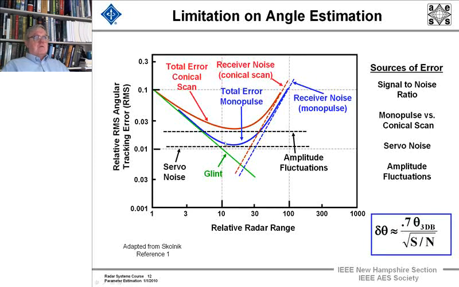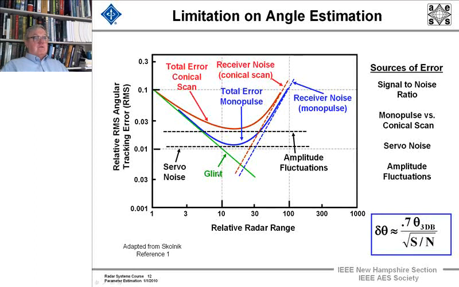Now, there are two other issues that will come into play. One of them is the receiver noise and the type of mechanism we use to keep the beam pointed directly at the target. Okay?